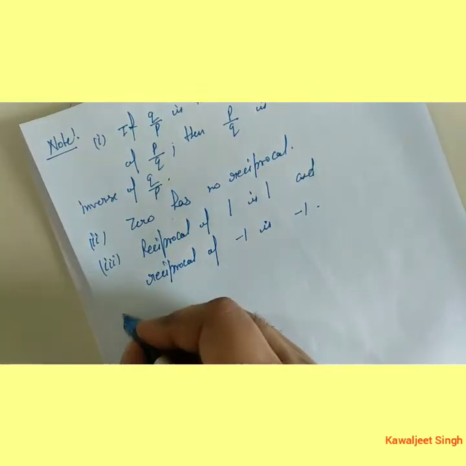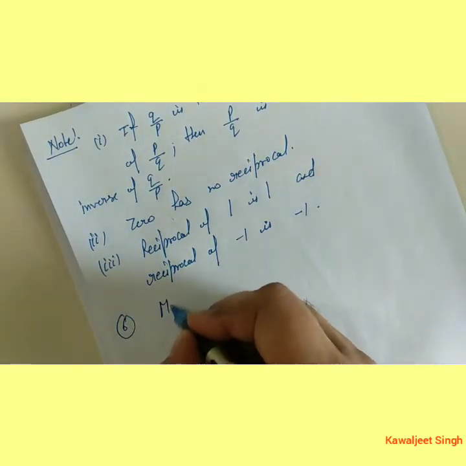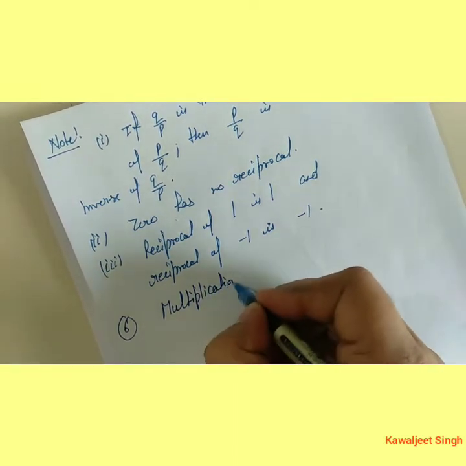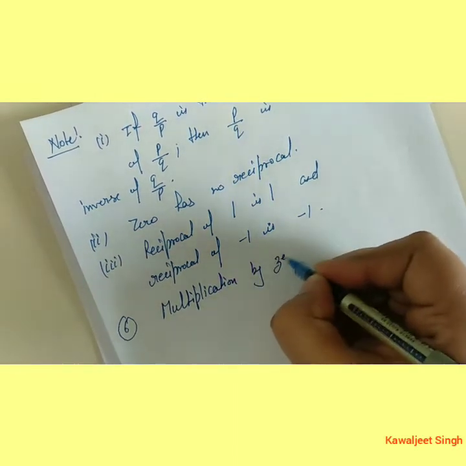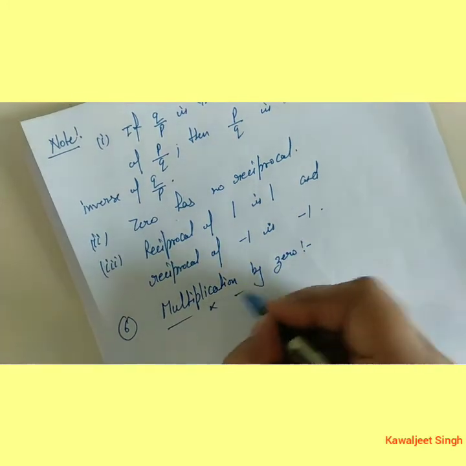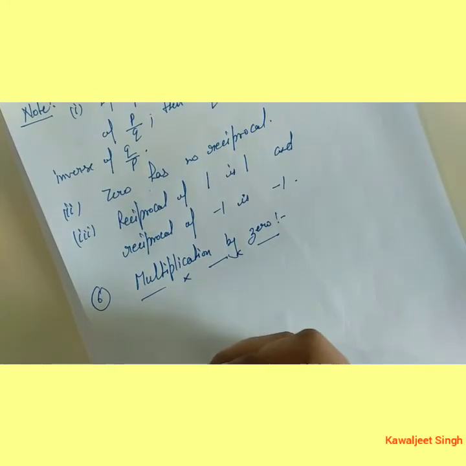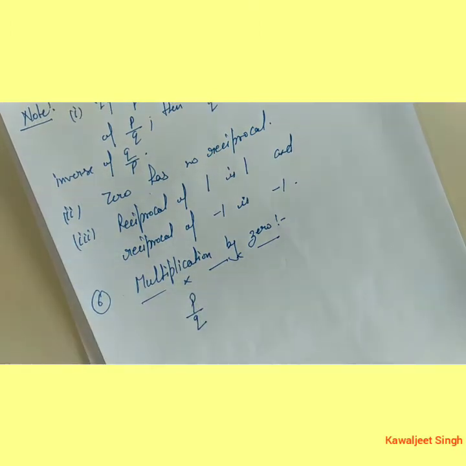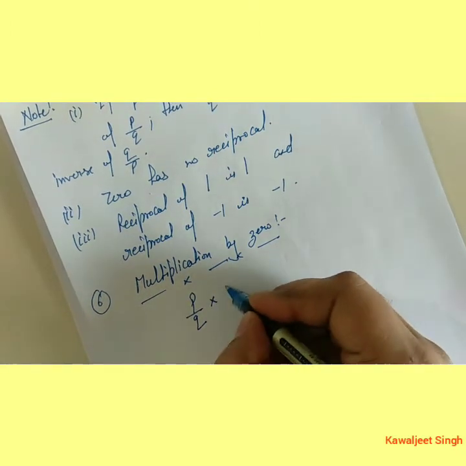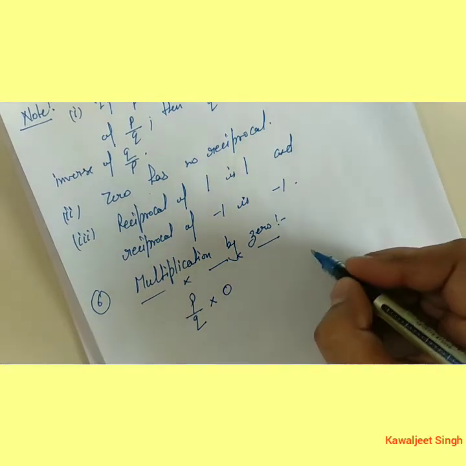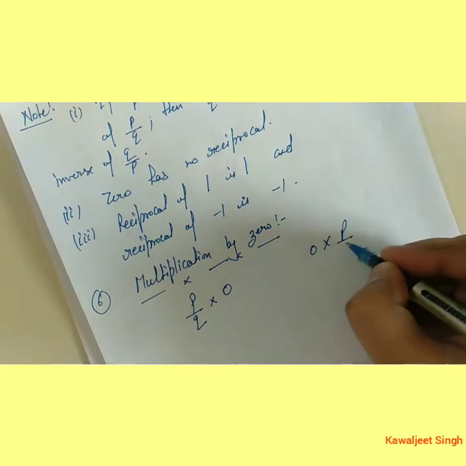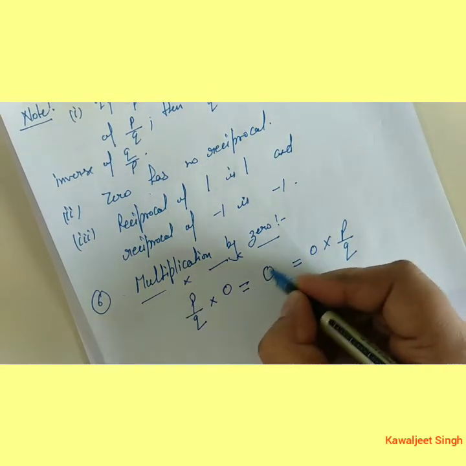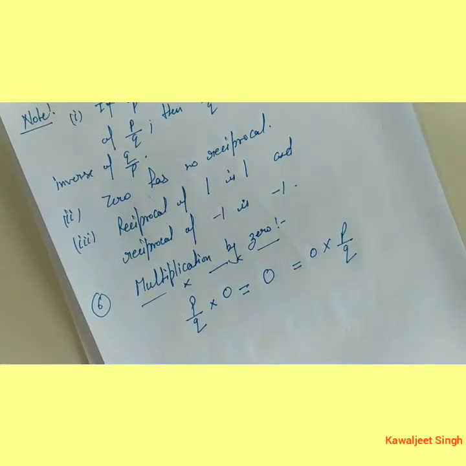Now after that, our sixth property: multiplication by 0. Suppose here we have a rational number P by Q. When it is multiplied with 0, or 0 is multiplied with P by Q, all the time we get both products equal to 0.